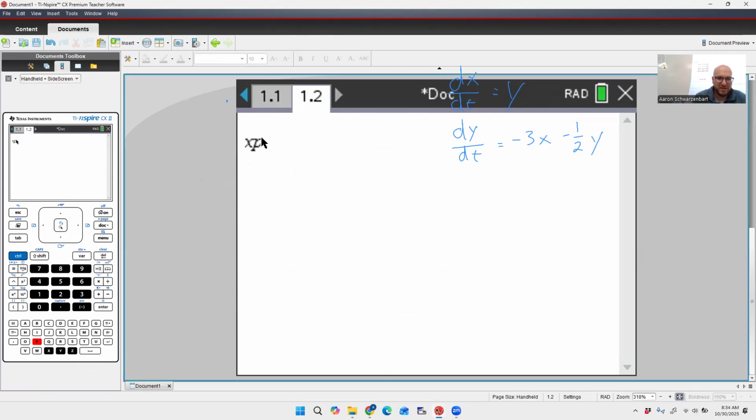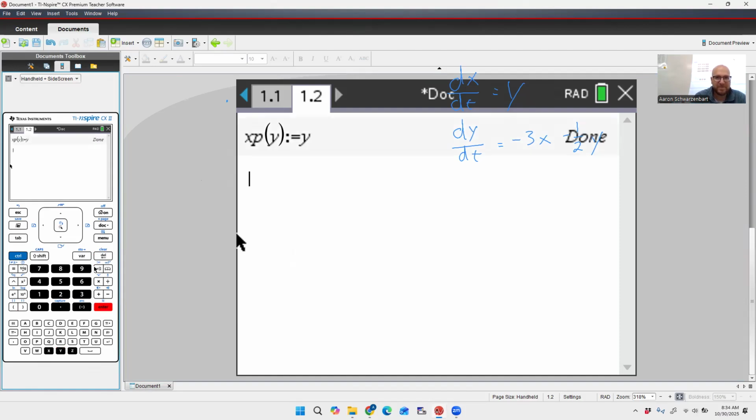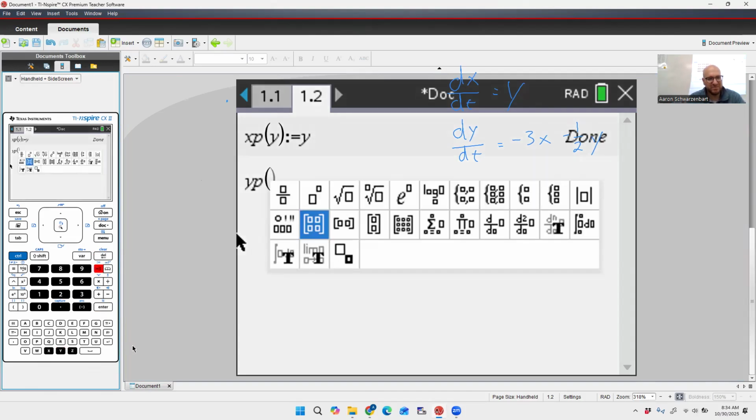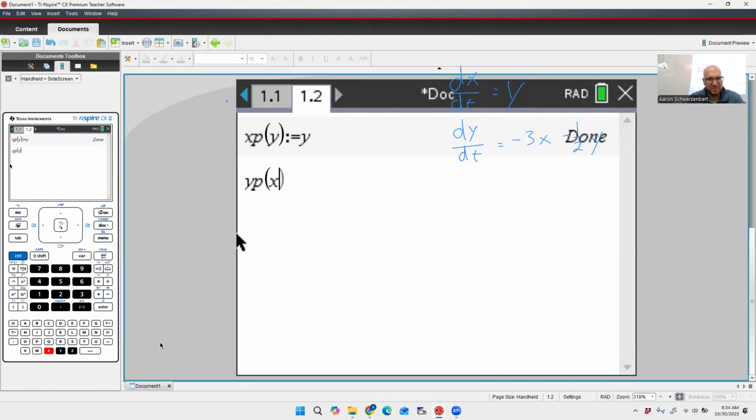We're gonna go xp of y. I've only got a y there, so I don't need to have x comma y. Colon equals y. And then we'll do yp of x comma y.